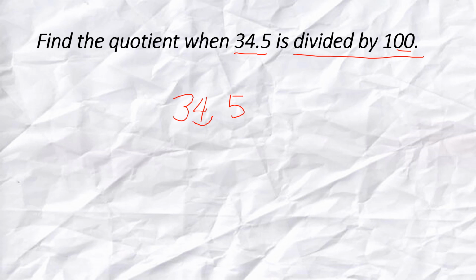So it will become 1, 2. So this is where you will put your decimal point, and then put a 0 on your whole number part. The final answer now is 0.345. So you don't have to do the long division process.